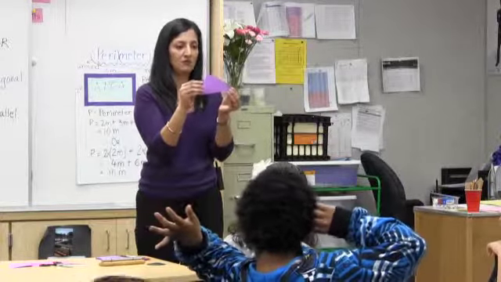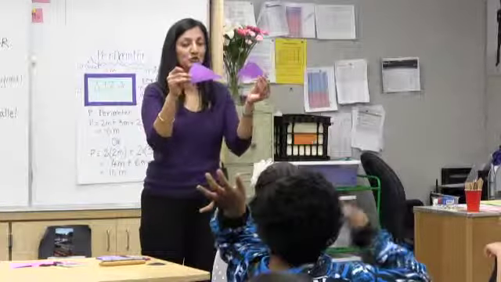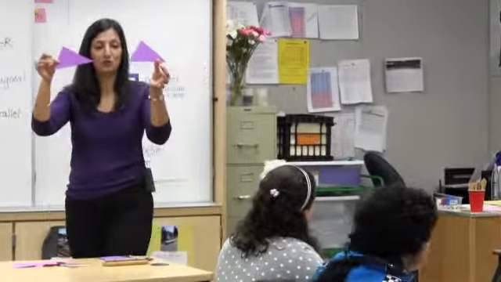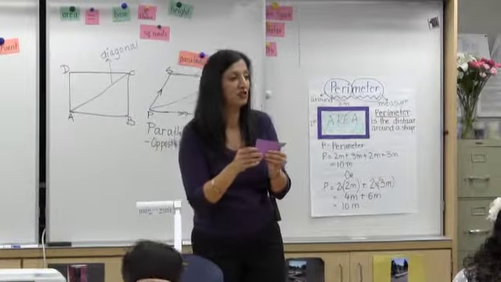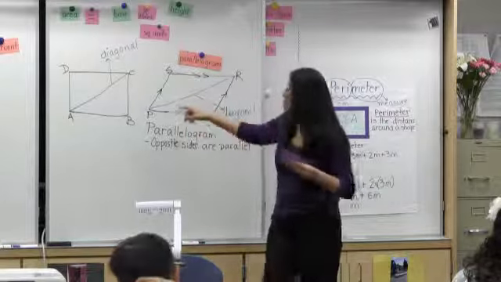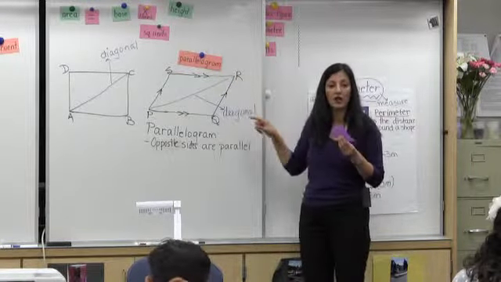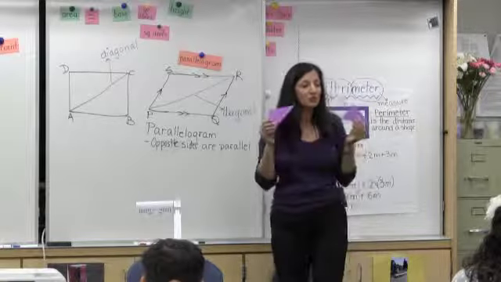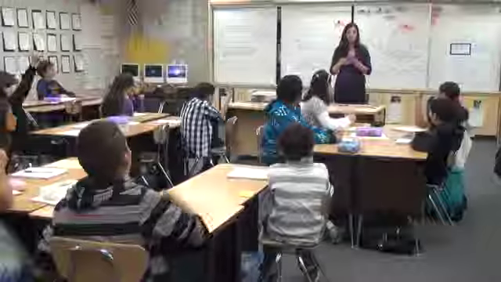Are they, Raimundo? They are? Yes? So you're right, we did end up getting two congruent triangles. That was the other term you needed to know. When you are cutting along the diagonal in a rectangle or in a parallelogram, you end up getting two congruent triangles. Okay? Thumbs up, thumbs down.